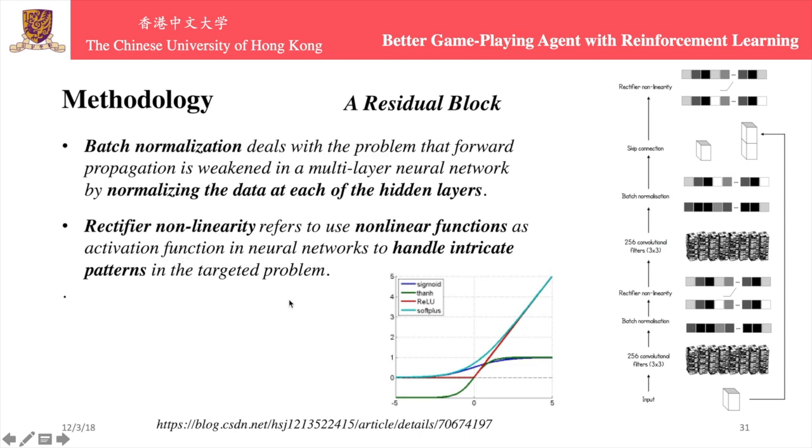If we only use linear functions, then no matter how many layers we add, the network is actually very simple. It's just some change in the linear coefficients. But if we introduce nonlinear functions, then we can enable the network to handle intricate patterns. Here are some examples of nonlinear functions used as activation functions.